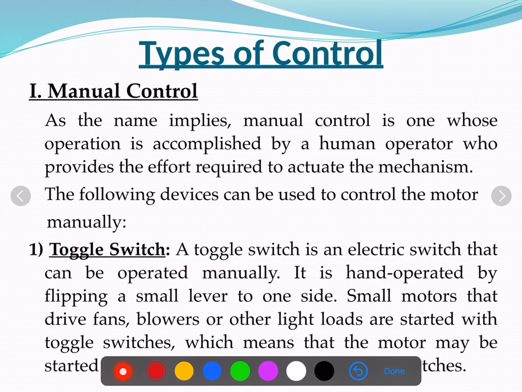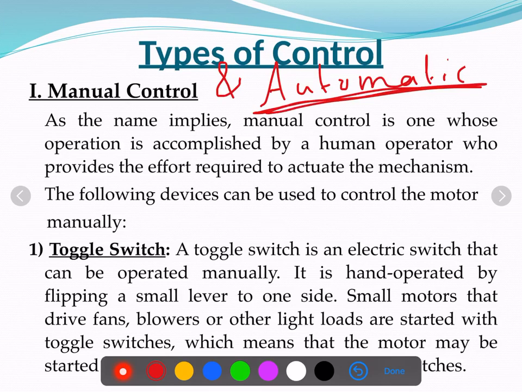Now, types of control. We'll be talking about manual control and automatic control. Manual means it needs a human to turn the motor on and off, while the automatic one will use switches and sensors.